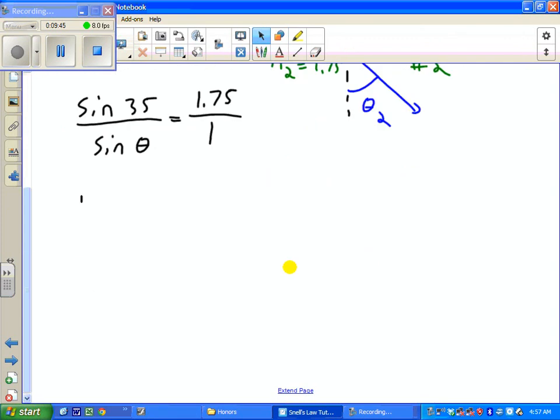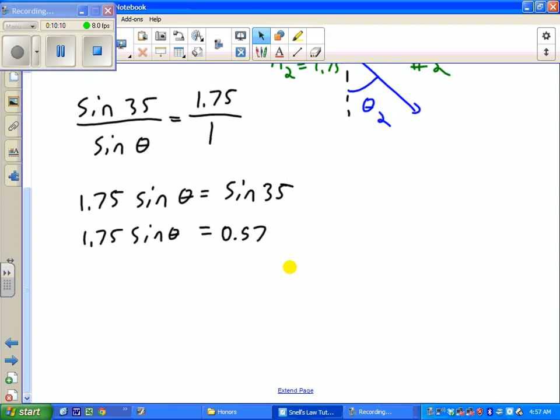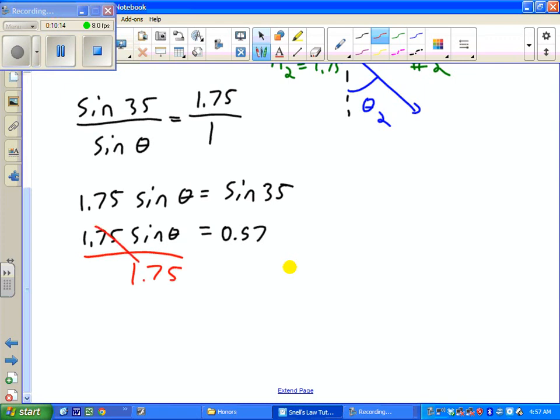So I have 1.75 sine of theta equals sine of 35. And so sine of 35 is 0.57 equals 1.75 sine of theta. And I'm going to divide both sides by 1.75.